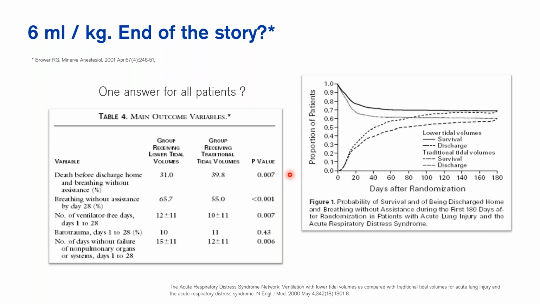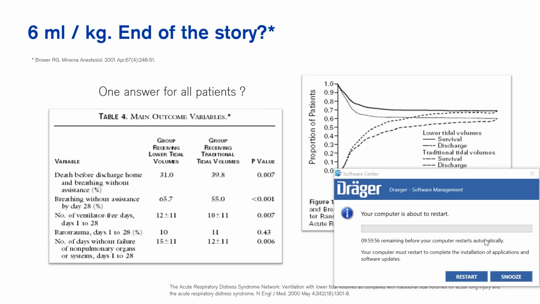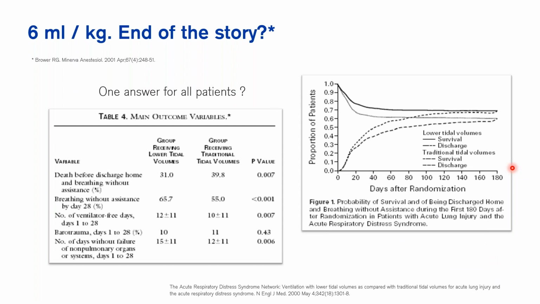This study is relatively old, coming from the 2000s, so it's almost a 20-year-old study, but it still makes quite interesting discoveries, that potentially 6 milliliters per kilogram of body weight might not necessarily be the right answer for everyone.